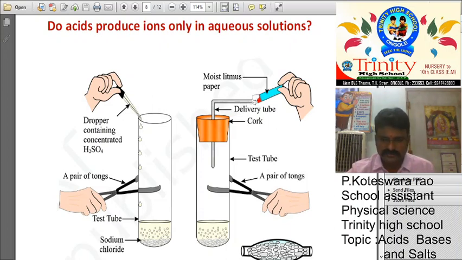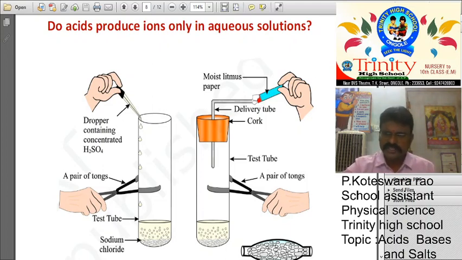Then at the mouth of this, we first take a dry blue litmus paper. What do you observe? There is no change; blue litmus stays blue. Okay.